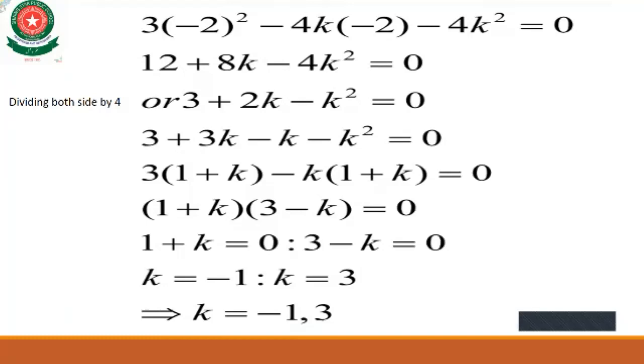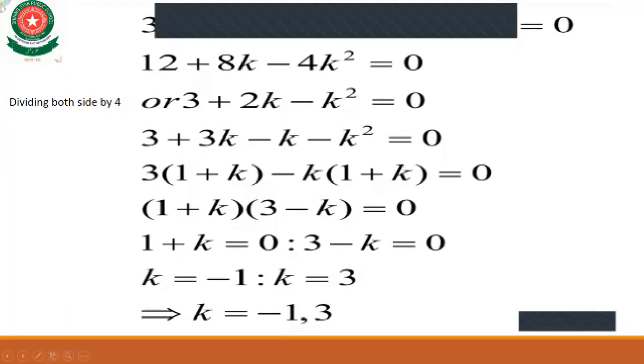When we are taking minus common, that will also change the sign of the inner expression. So k into 1 plus k. 1 plus k is a common factor, the remaining will be 3 minus k.